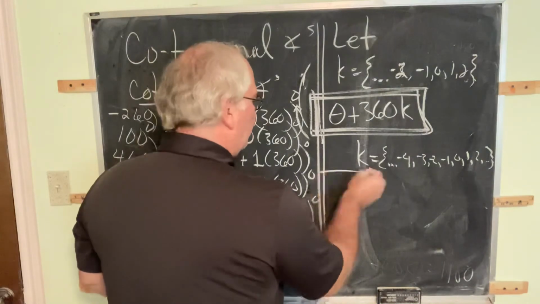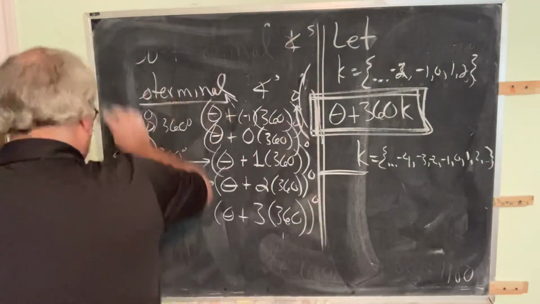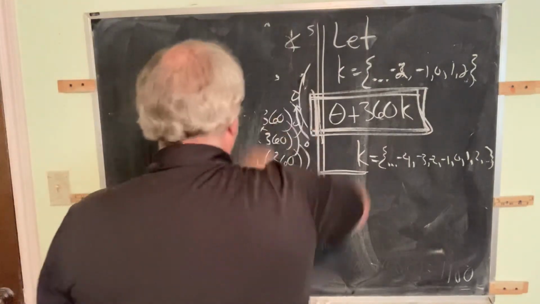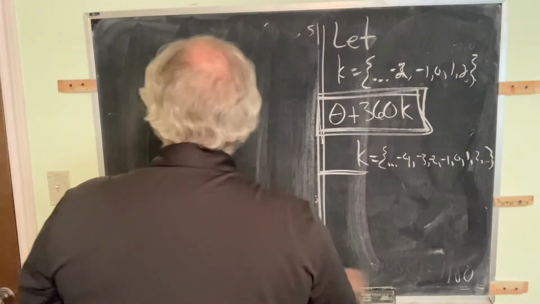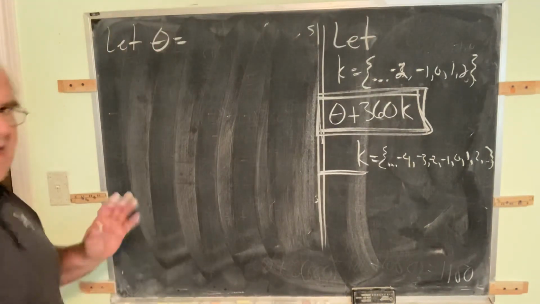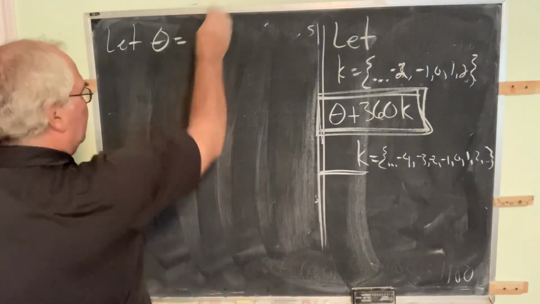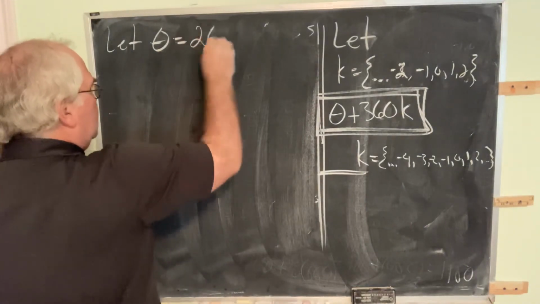So one last bit with this. Suppose you're asked the following. Let theta, again, let's do something easy to keep the arithmetic simple. Suppose theta is something simple like, let's say, 20 degrees.